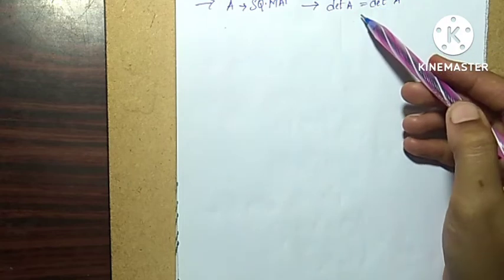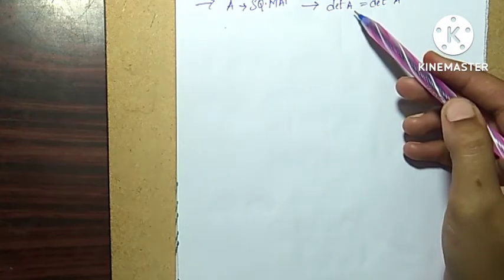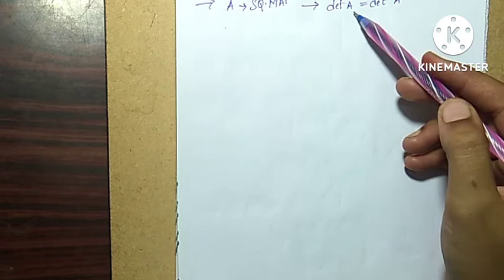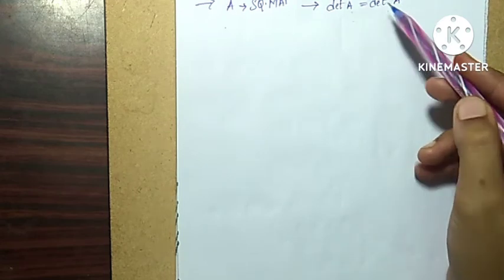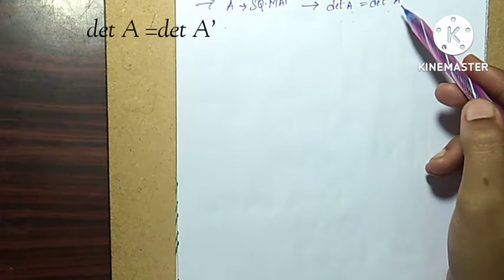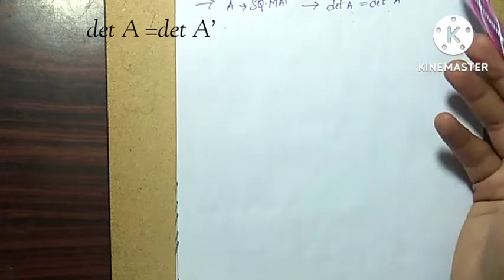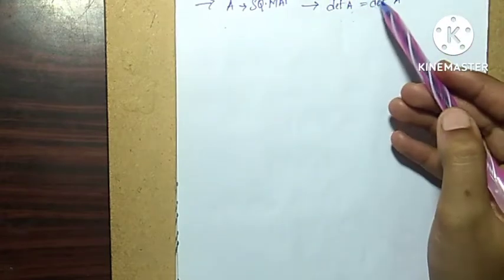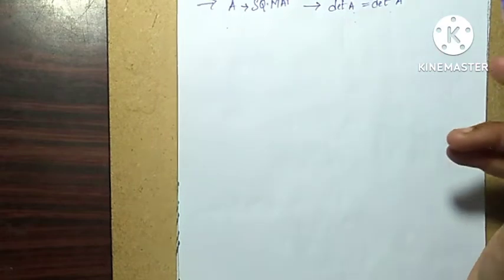If we determine det of A, and then det of A transpose, both of the values should be the same. That is the condition for a square matrix: det A is equal to det A transpose.